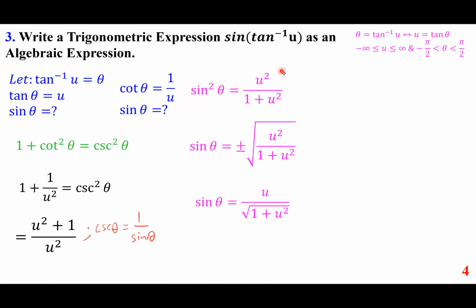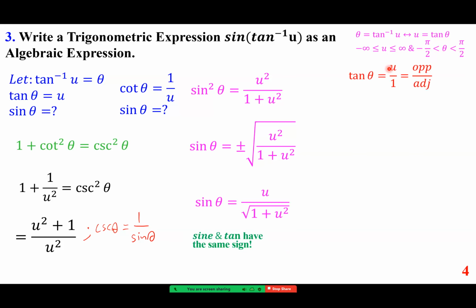You can leave the 1 plus u squared inside, and you keep it positive because sine and tangent have the same sign because they both go from the fourth quadrant, minus pi over 2, to pi over 2. Of course, in the case of a tangent, the endpoints are not included. So that's the reason.